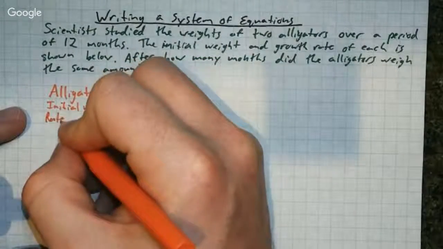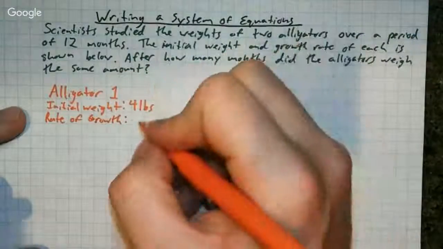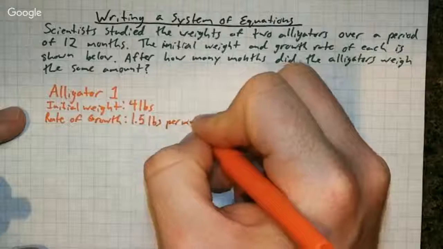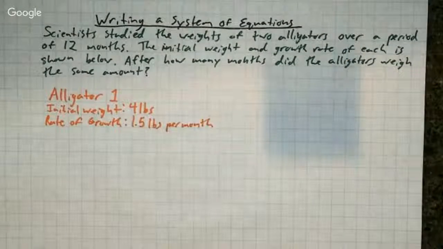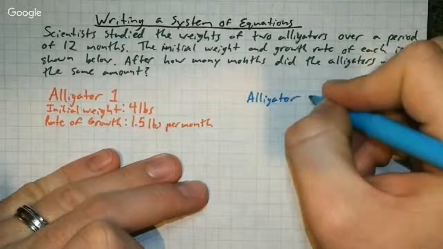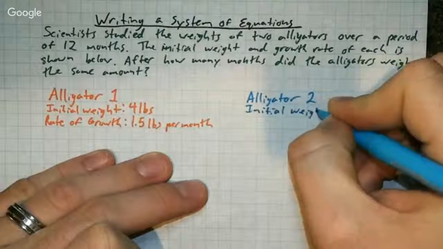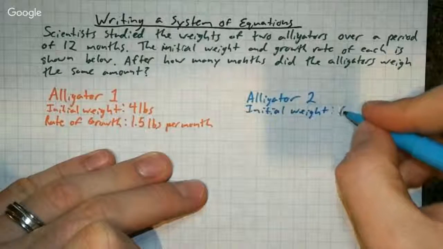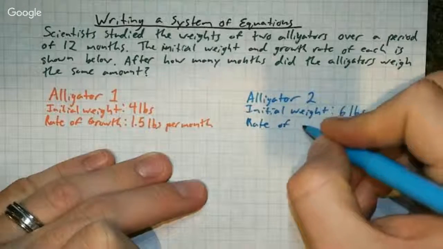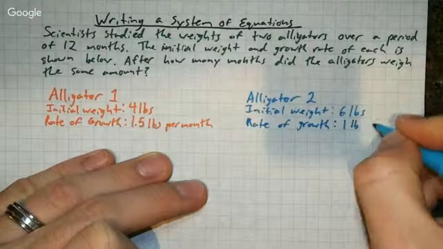Its rate of growth was 1.5 pounds per month. Alligator number 2. Its initial weight, 6 pounds. Its rate of growth was 1 pound per month.